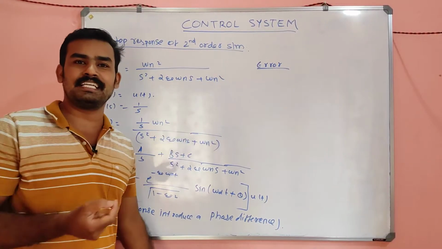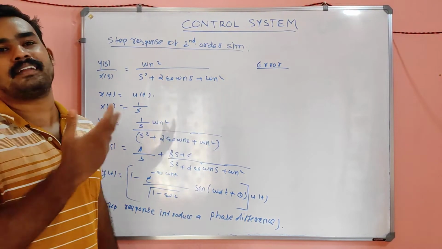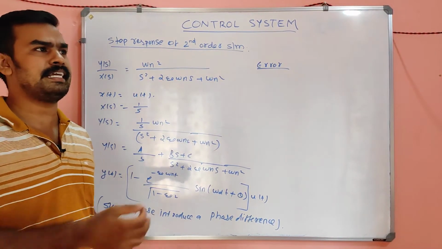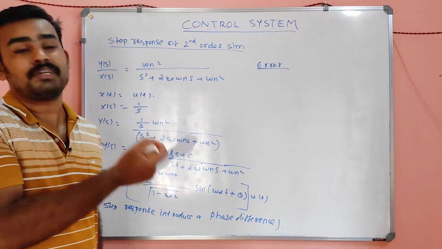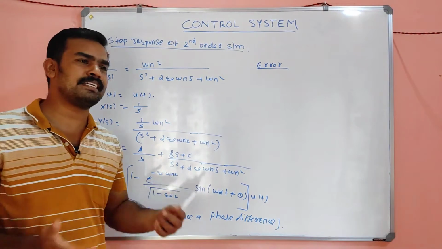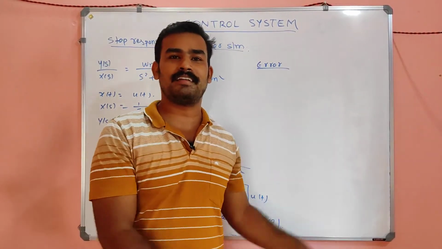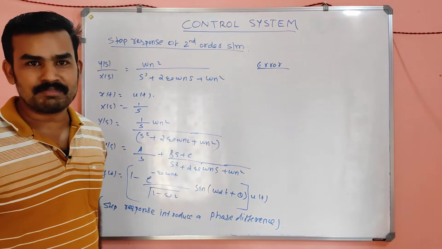But impulse is a very short duration signal, so the error can be negligible. You can't consider the error because it exists for a very short duration of time. But u of t, ramp signal, parabolic signal, all these signals will exist for a very long duration. So there will always be an error associated with these signals, my dears.